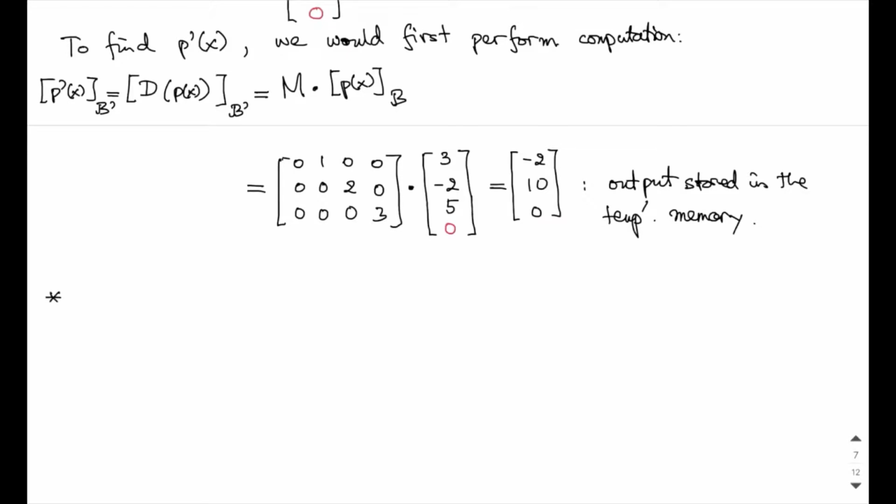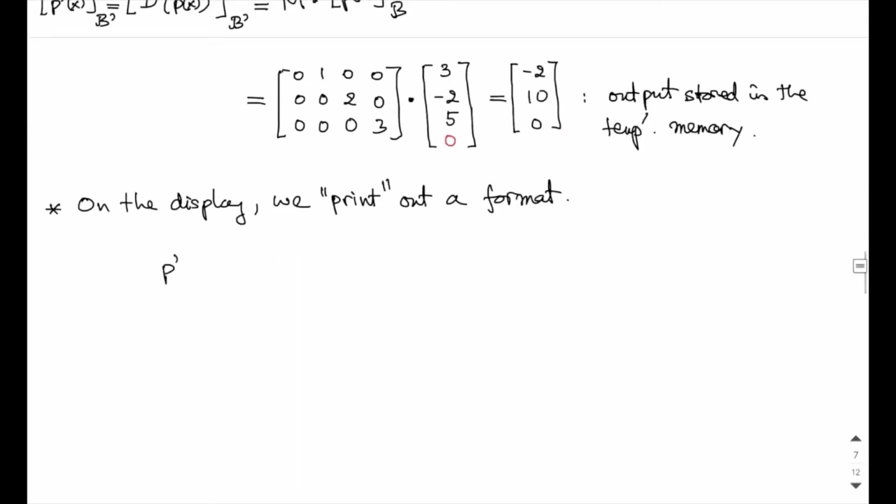So on the display, we print out a format. We write p prime equals, we are going to leave a blank here, and then plus, we are going to leave a blank, and then x, and then plus, we are going to give a blank, and then x squared.